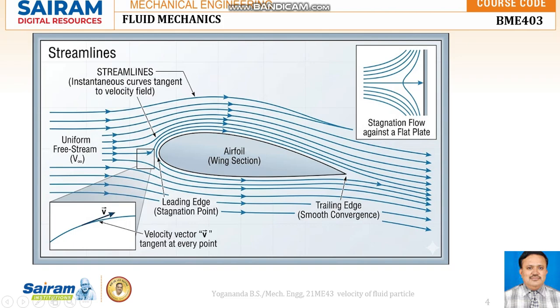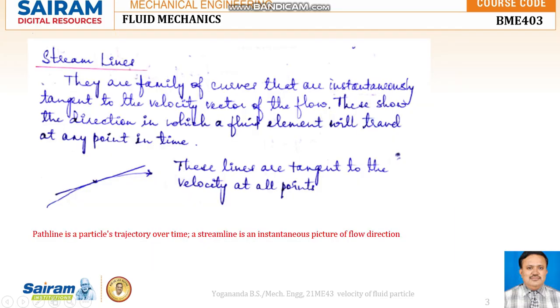They are the instantaneous curves tangent to the velocity field. So that is like the snapshot. So streamlines are showing the family of curves that are instantaneously observed tangent to the velocity vector. So that is to this curve, velocity curve. So I am drawing the tangent.